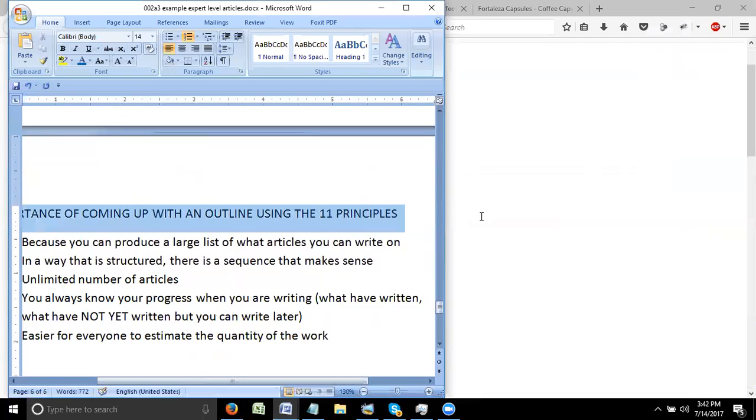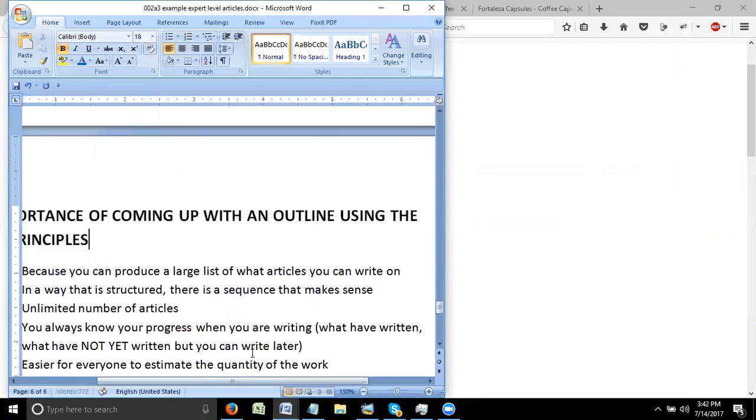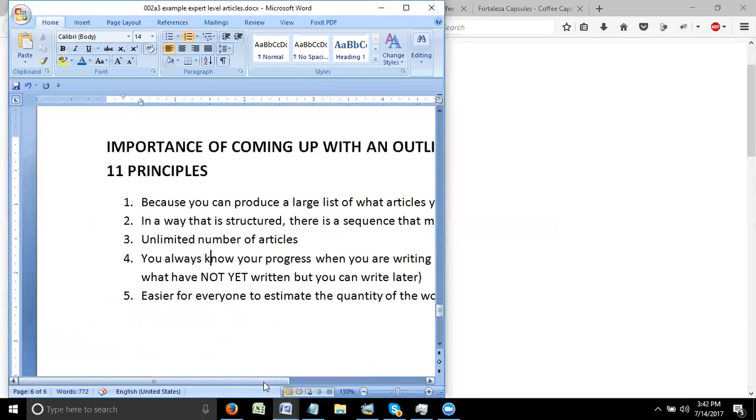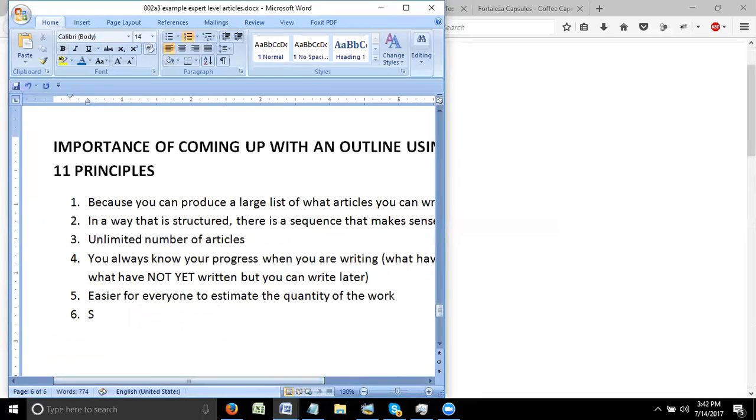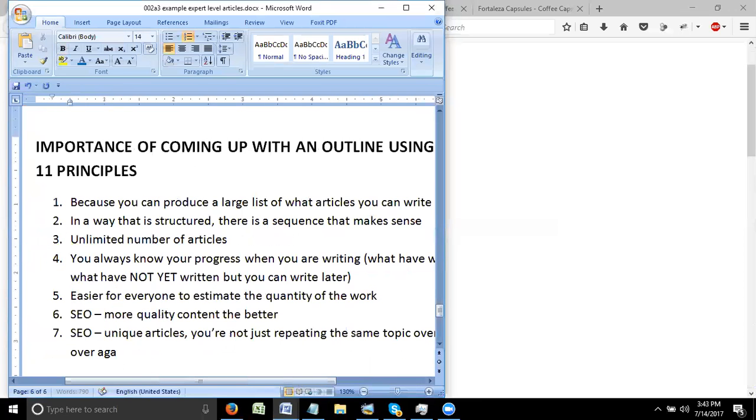So those are a couple. There's probably a lot more benefits to doing this. Another benefit is for SEO. The more quality content, the better. And another benefit is unique. You are producing unique articles. You're not just repeating the same topic over and over again.